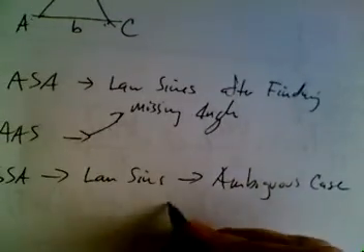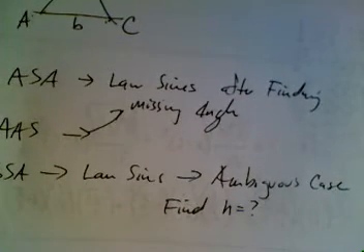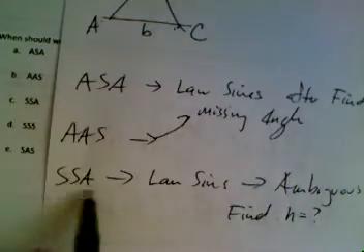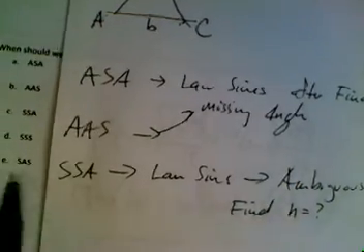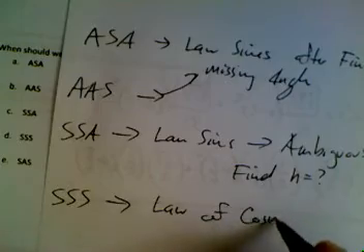With the ambiguous case, we have to find H and determine if there's going to be no triangles, one triangle, two triangles, however many triangles. So SSA is the problem spelled backwards, and it's the ambiguous problem. Side, side, side is law of cosines.